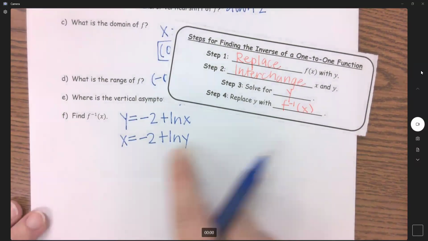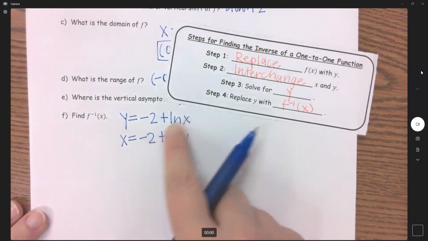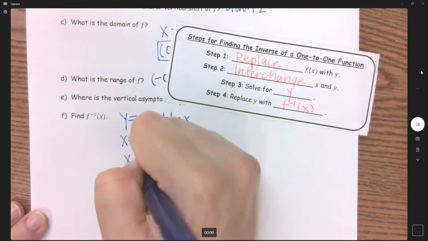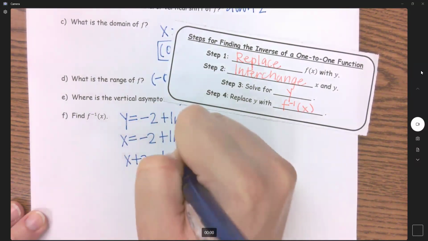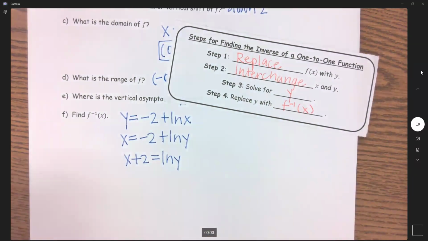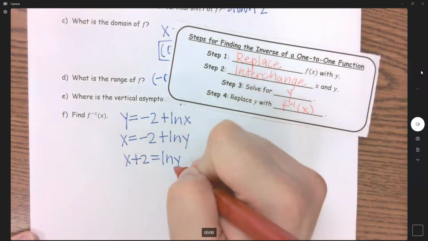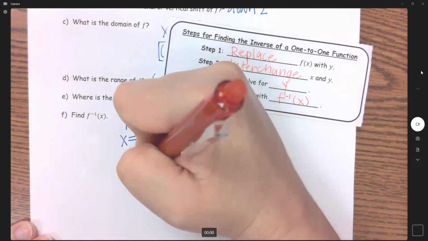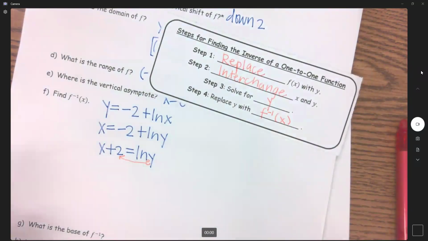Before I rewrite this, I've got to move this 2 over. I need to get my log isolated, so I'm going to add that over. And now I can rewrite. We're going to go base to the other side of the equals. My base here is e. On the other side of the equals is x plus 2.